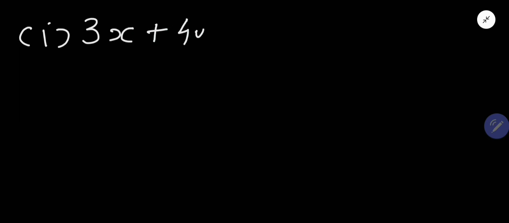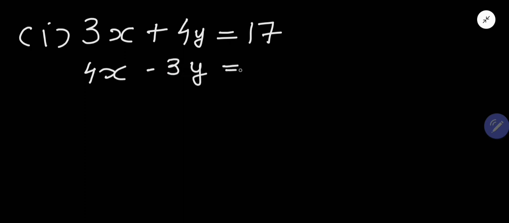So now I'm going to give you some examples which you can solve at home. The first example is 3x plus 4y is equal to 17, and 4x minus 3y is equal to 6.